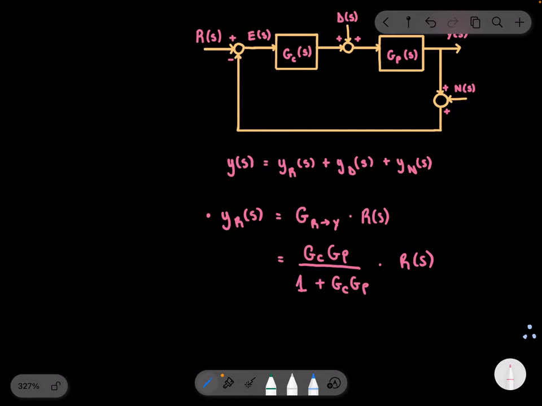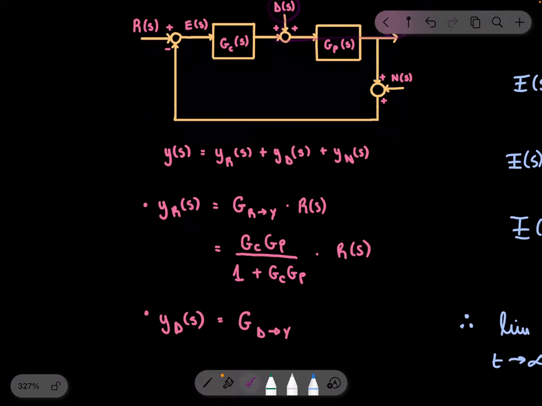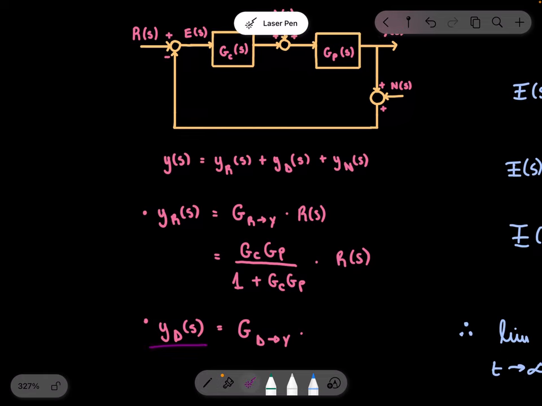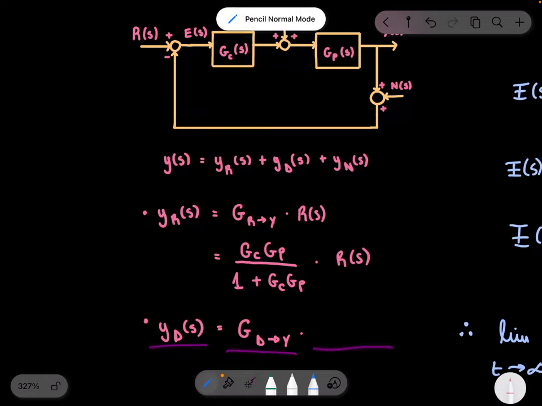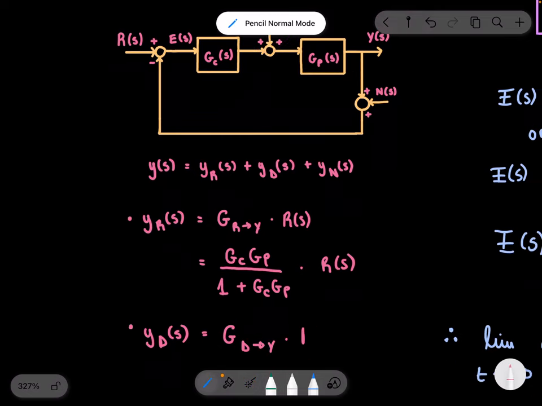Next up, we need to find the output due to the disturbance. Once again, you can write this as the transfer function from the disturbance to the output, multiplied by the input. So output is transfer function multiplied by input, and the input is the disturbance signal.